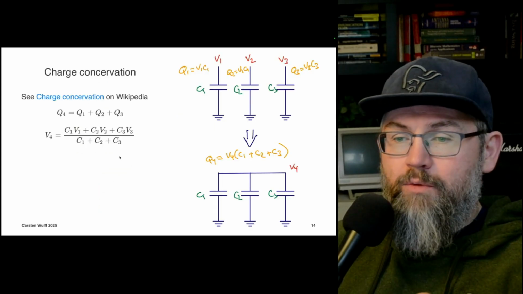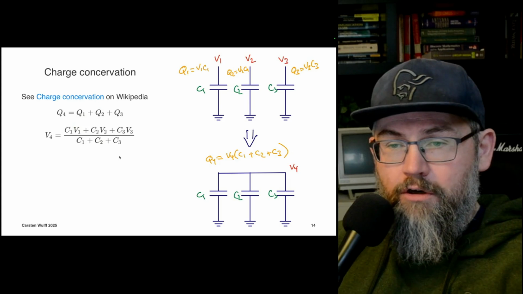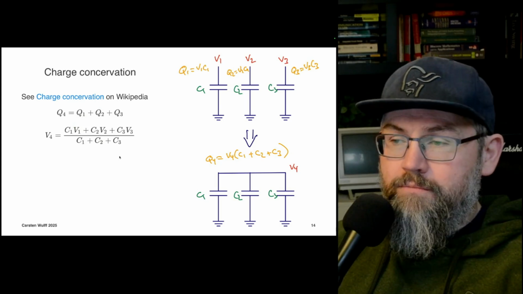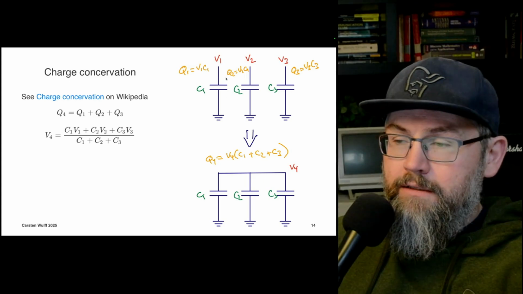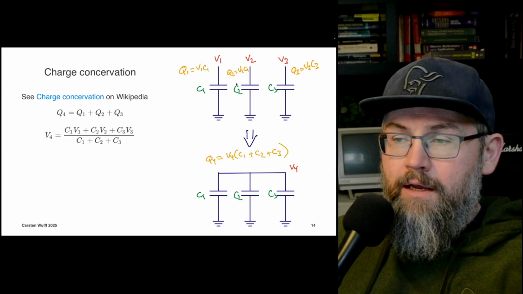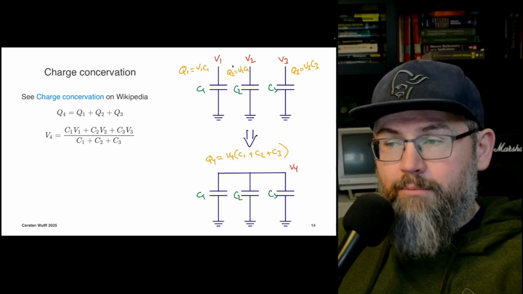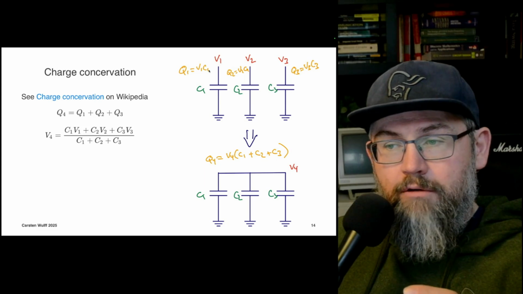Another quite efficient way of summing quantities is using charge, because charge is conserved. So if we again construct a network of 3 capacitors, C1, C2, C3, and we store a voltage on each of those capacitors. But what we're looking at now is not really the voltage, but the charge.